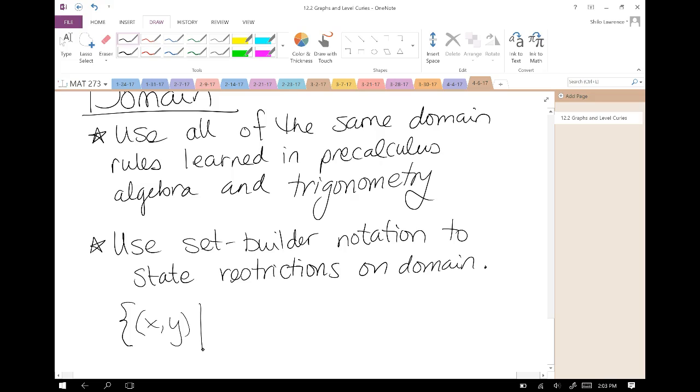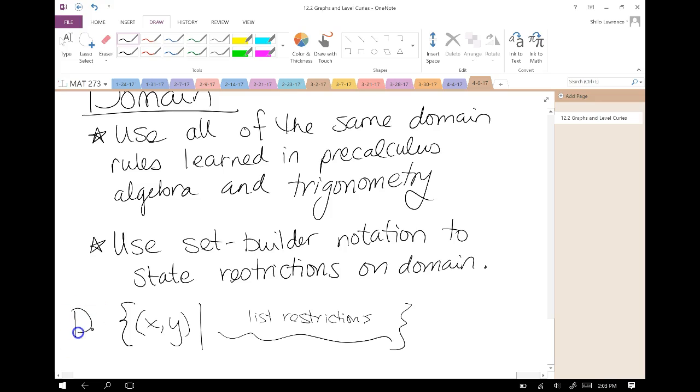And for our functions of two variables, we're going to say that we can use all ordered pairs x and y. The vertical line means such that, and then in this spot, we're going to list the restrictions. And then close your brace.